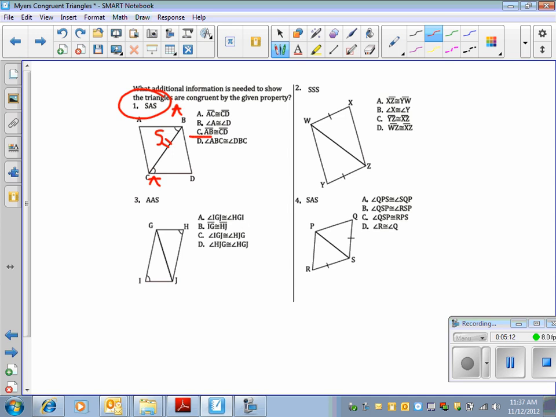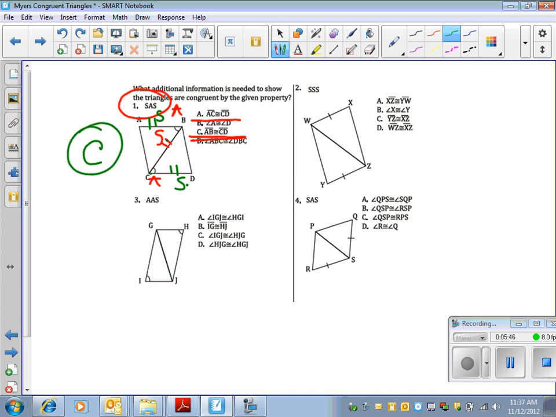So by process of elimination, I'm going to scratch out D and I'm going to scratch out B. So now I'm down to, do I need AC is congruent to CD, or do I need AB is congruent to CD? So in my markings, I'm going to pick this, and clearly I can see now that it's side, angle, side, and side, angle, side. So there we go. Correct answer is C.